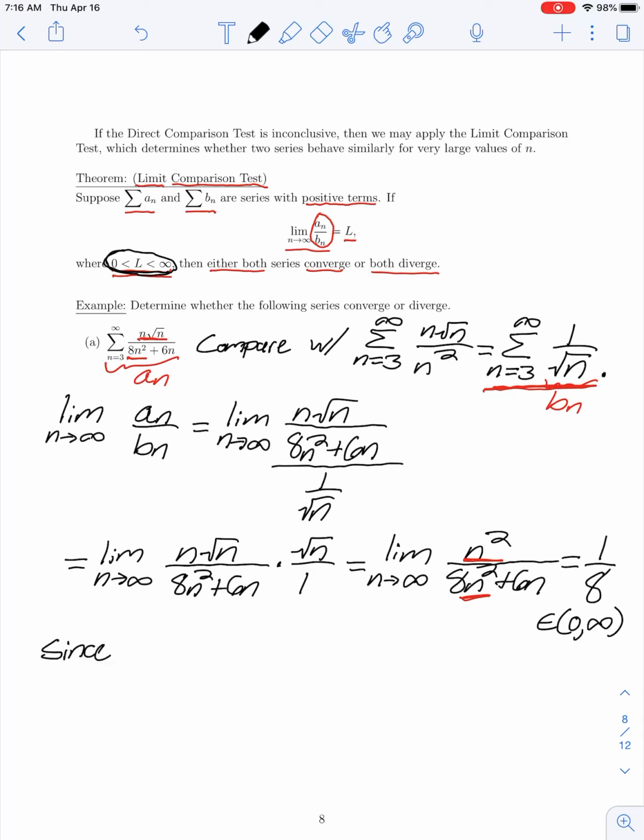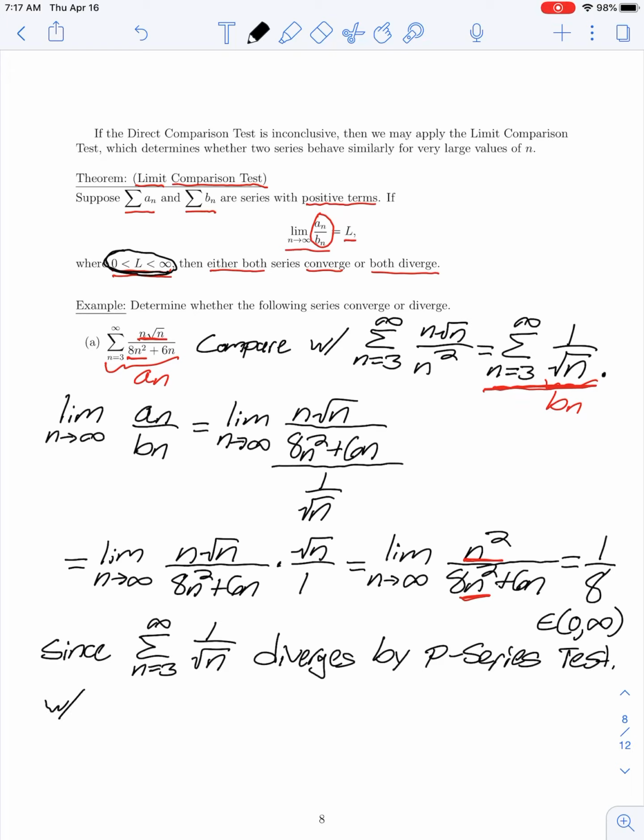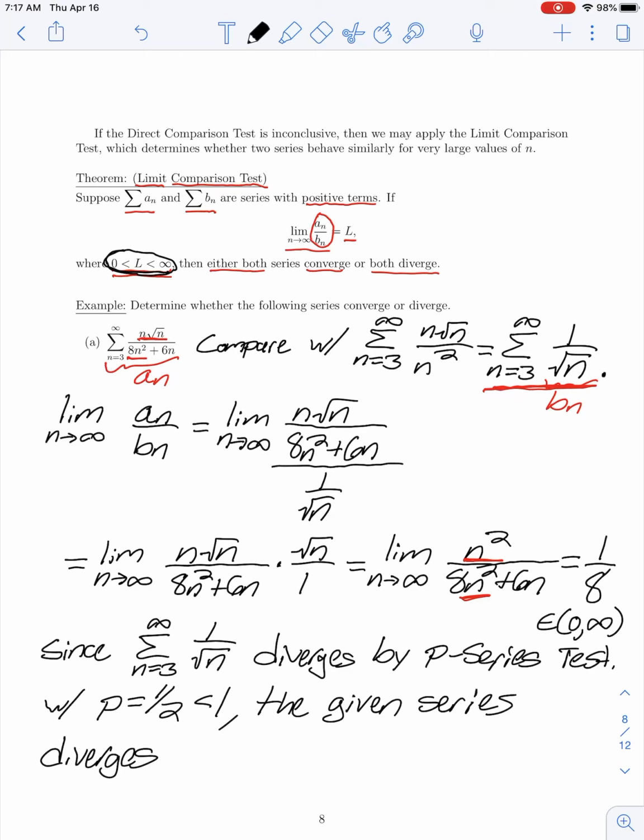We could say, since the sum from 3 to infinity of 1 over the square root of n diverges by the p series test with the value of p being equal to 1/2, which is less than 1, the given series diverges by the limit comparison test.